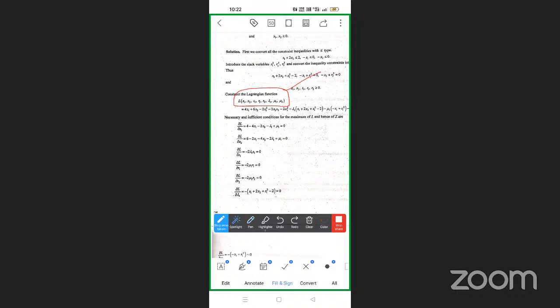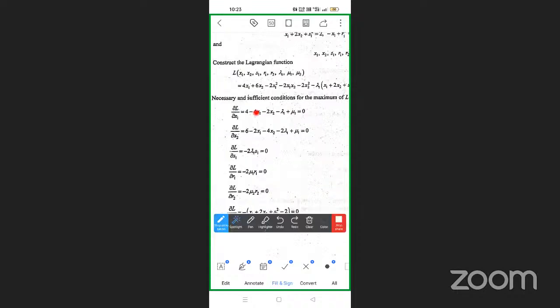First, dou L by dou x1. Differentiation with respect to x1: the remaining variables, x2 and all others, are constants, so their derivatives are zero. So dou L by dou x1. 4 into x1, x1 differentiation is 1, so 4. x2 is there, x2 differentiation is 0.